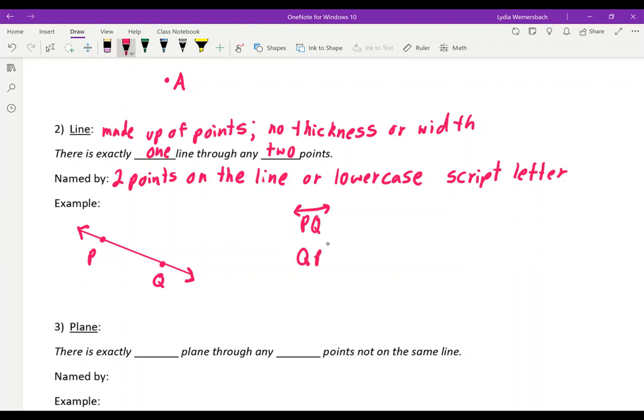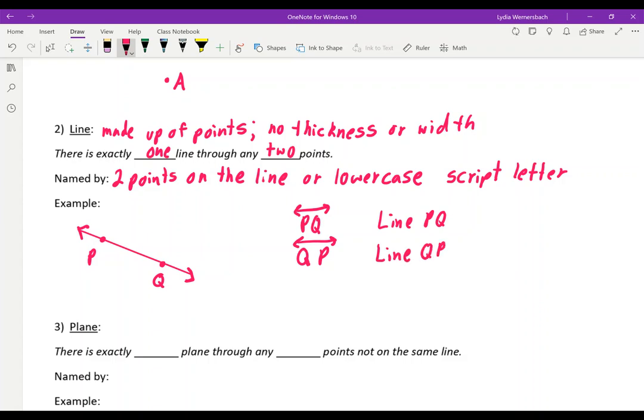And we pronounce these as line PQ and line QP. They're the same thing, essentially. We can also write it out and say line PQ and line QP. All of these mean the same thing.